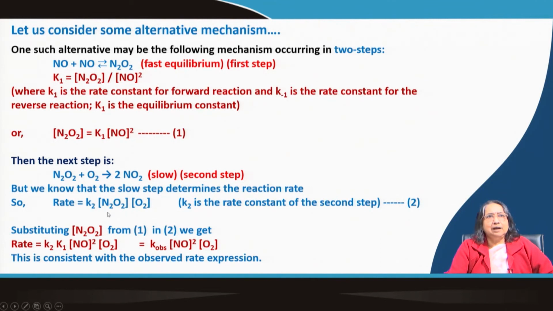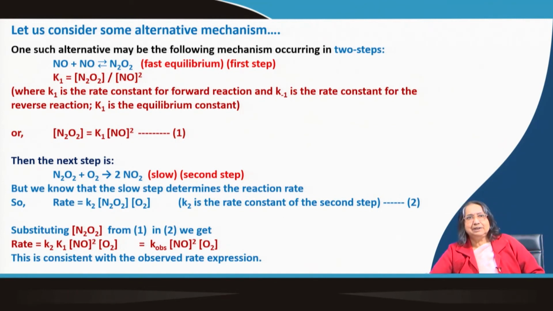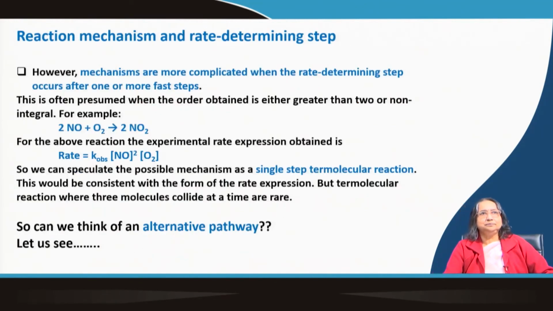We can put in the value of N2O2 from the equilibrium expression: N2O2 is nothing but K1 into NO to the power 2. After putting this in, we get this. This is a constant, this is also constant, so we can write this as k observed, another constant. Now if you see the rate expression, it is matching with the actual rate expression found experimentally.